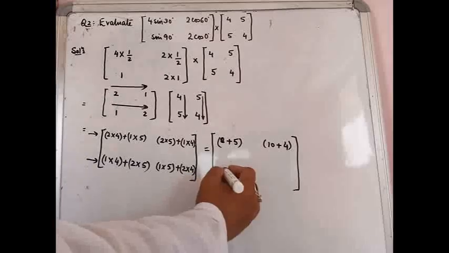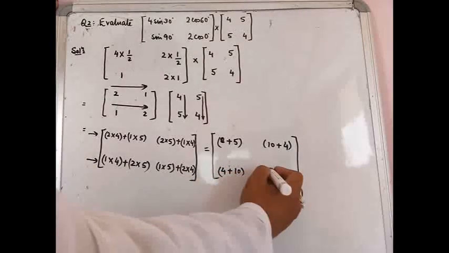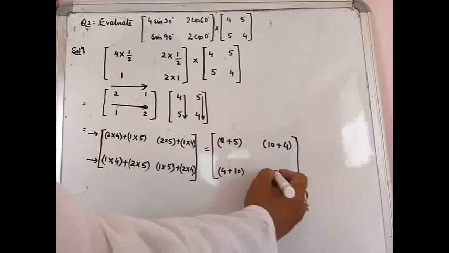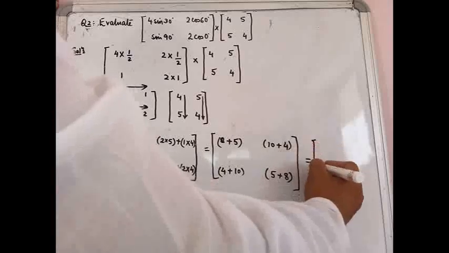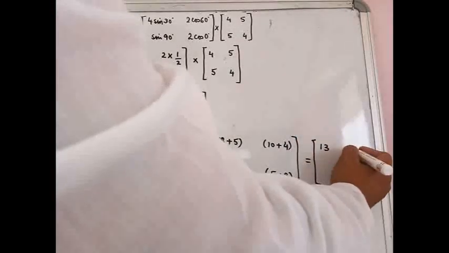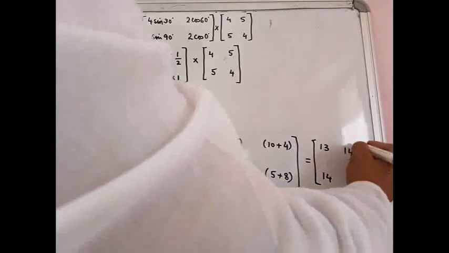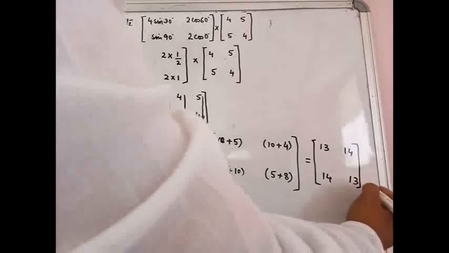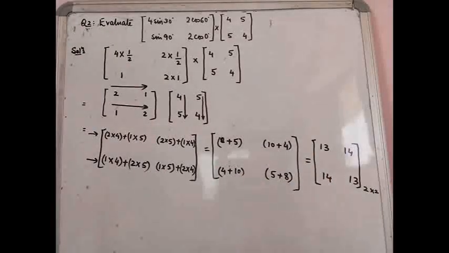Then 4 1s are 4 plus 5 2s are 10, and similarly here you have 5 1s are 5 and 4 2s are 8. So the final answer that you get: 8 plus 5 is 13, this is 14, this is 14 and this is 13. That is the resultant matrix, and that also has the order 2 by 2.